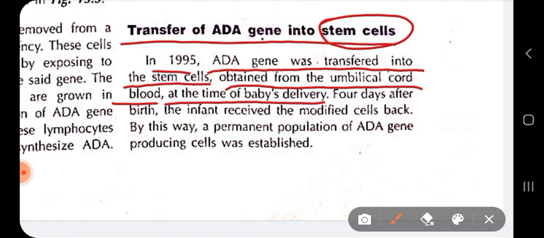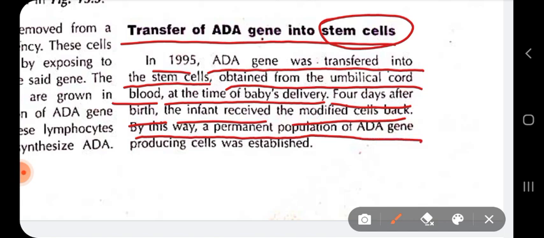Anyhow, with the help of a carrier vector, we introduce the ADA gene into the stem cells. Four days after birth, the infant received the modified cells back. In this way, a permanent population of ADA gene producing cells can be established.